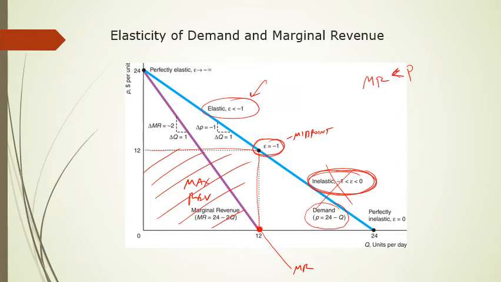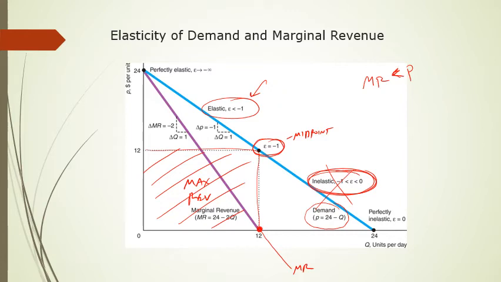Let's think about this in terms of elasticity. Notice that above the midpoint of the demand curve, where elasticity is -1, we have the elastic portion, and below it we have the inelastic portion. Now remember that at the midpoint, revenue is maximized. Let's relate that to marginal revenue.